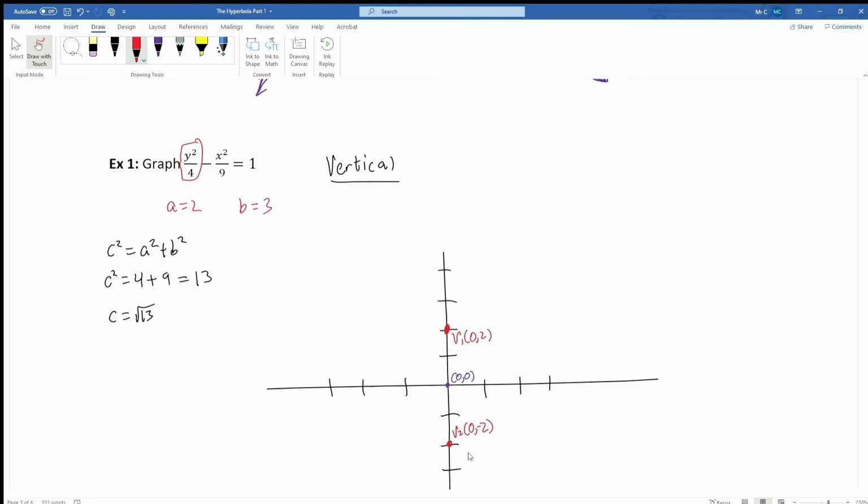All right, and now for the minor axis of our fundamental rectangle, that's b, which is 3. So we go out to here and out to here. So our fundamental rectangle is going to look like this.